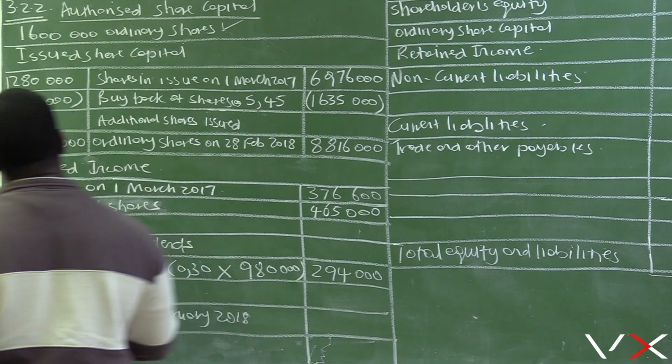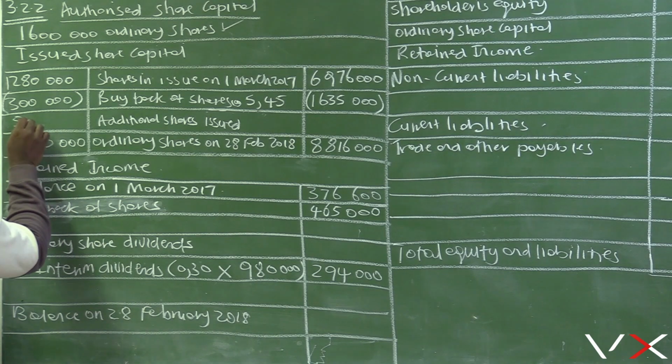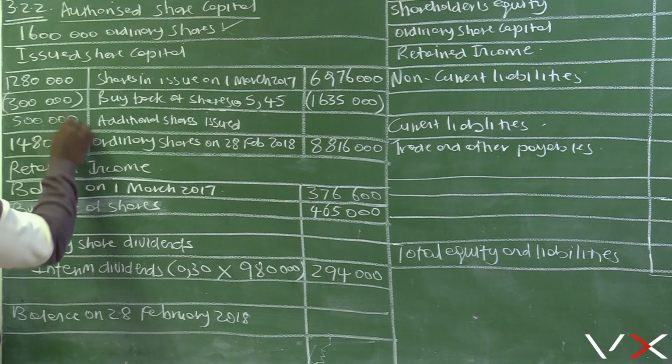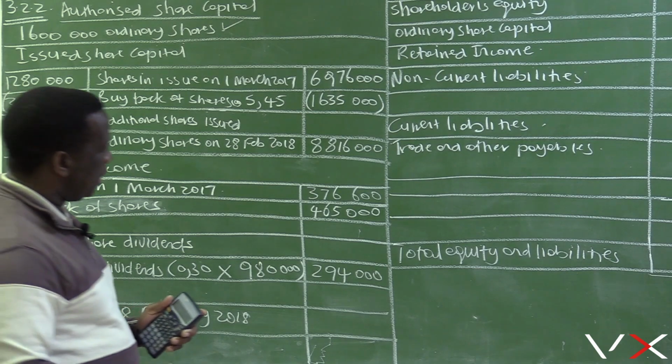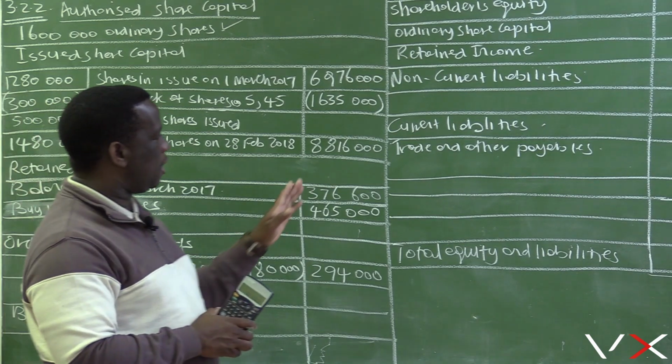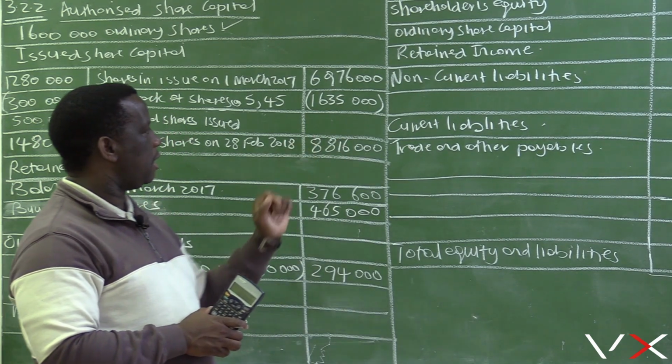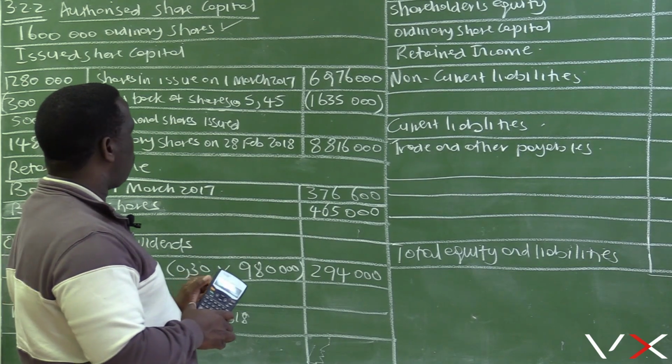So the additional shares that were issued during the year is 500,000 shares. If you calculate here, you should be able to get 1,480,000. If you say 1,280,000 minus 300,000 plus 500,000, your answer should be 1,480,000.